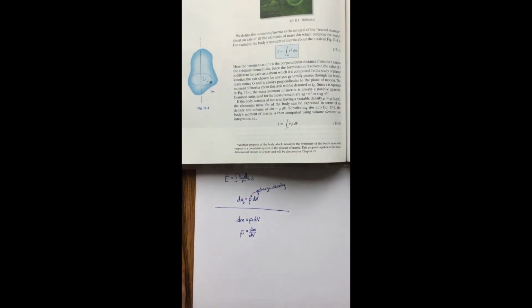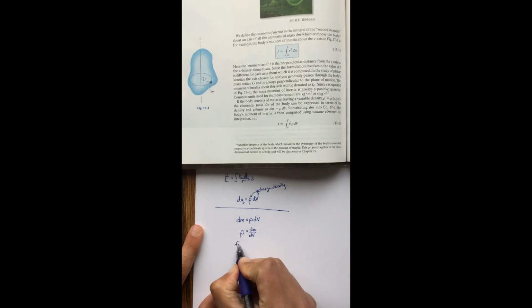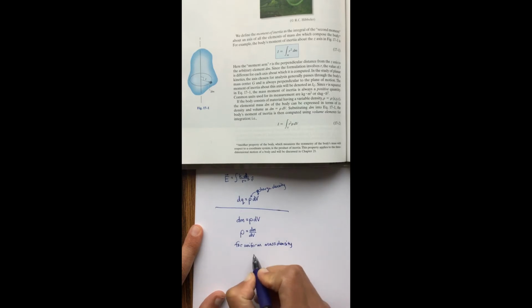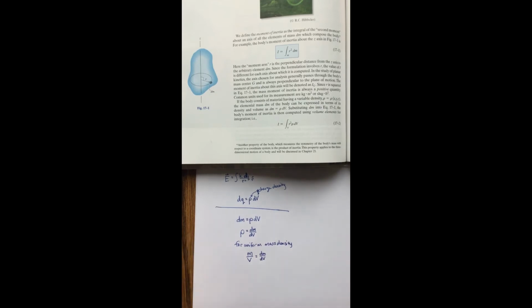So for a uniform mass density, you can say the total mass divided by the volume gives you the same ratio as any little element, the mass of any little element divided by the volume of that element.